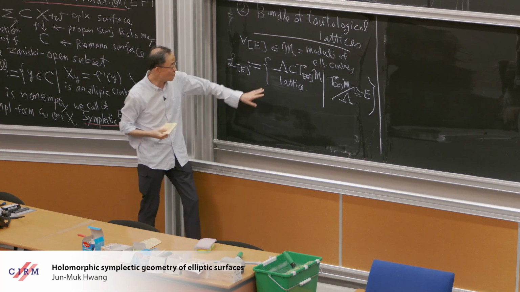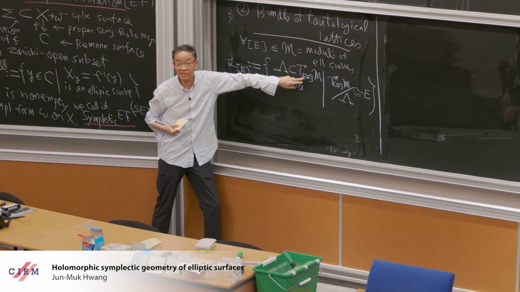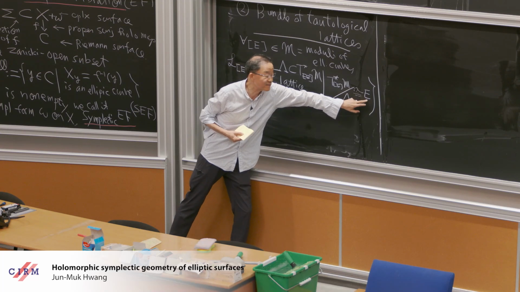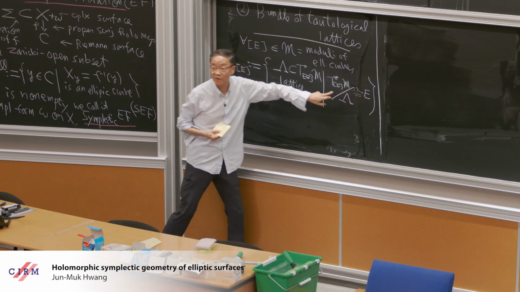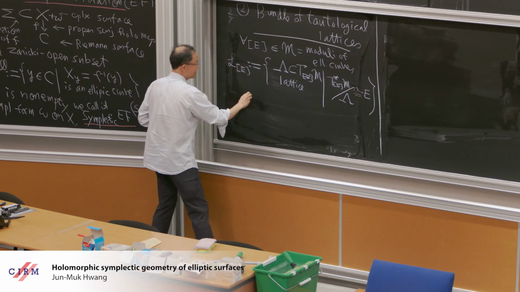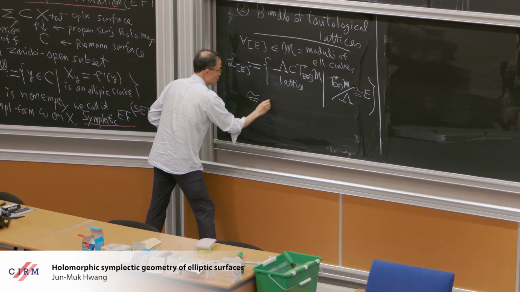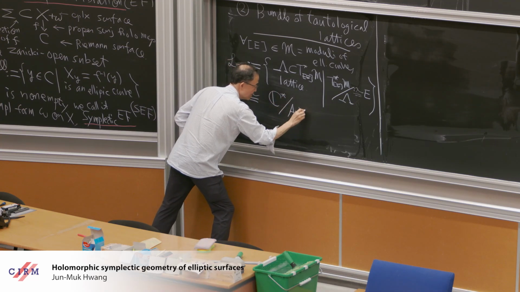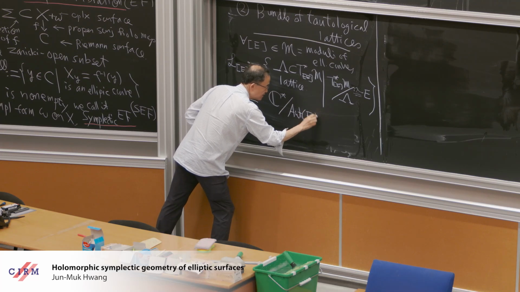So you consider all lattices inside the cotangent space of the moduli space, such that the quotient becomes exactly isomorphic to the elliptic curve itself. Then you can see that this set is isomorphic to C star modulo automorphism of E, the pointed elliptic curve.